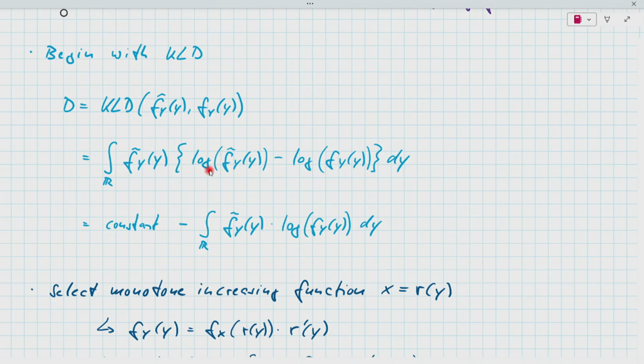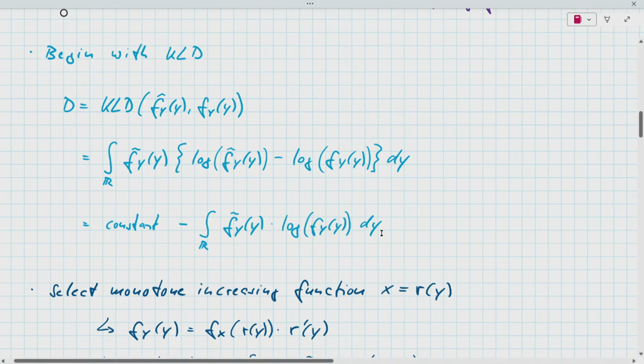And now, as you can see, the only thing that we can influence is this f_Y of y. This F tilde we cannot influence. So this is in fact a constant to us, and we can split it off, and then we stick with this second part. So we have minus the integral over f tilde of y times the log of f_Y.